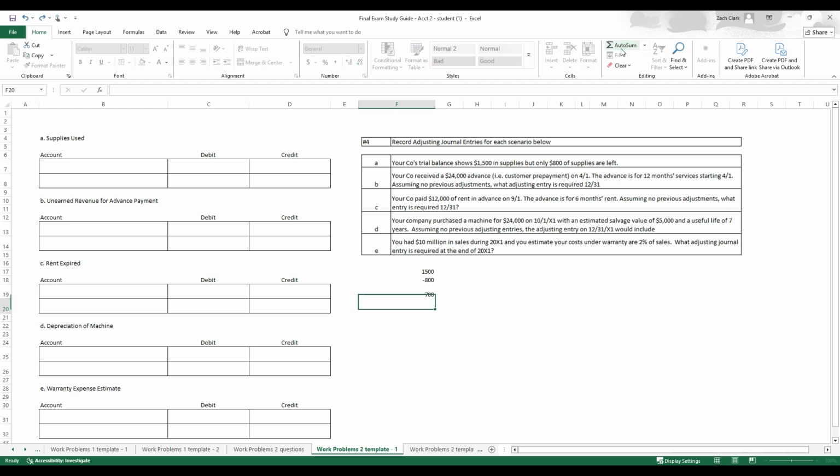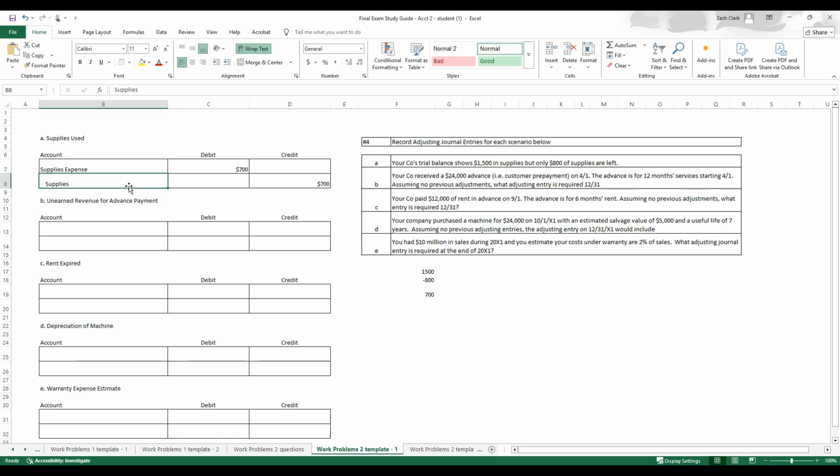So the difference there is 700, and we're going to record that one as supplies going down. It's an asset, so we're going to credit the asset there to reduce it, and then we're going to have supplies expense being the debit to reflect that that much of supplies have been used up during this period.